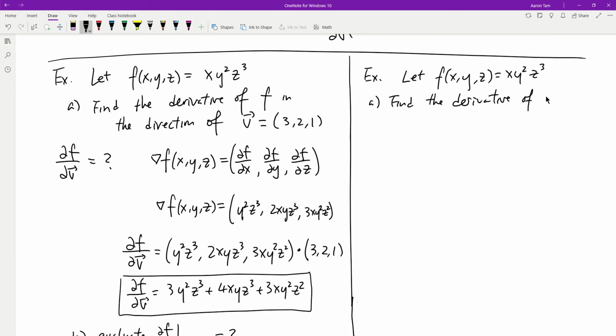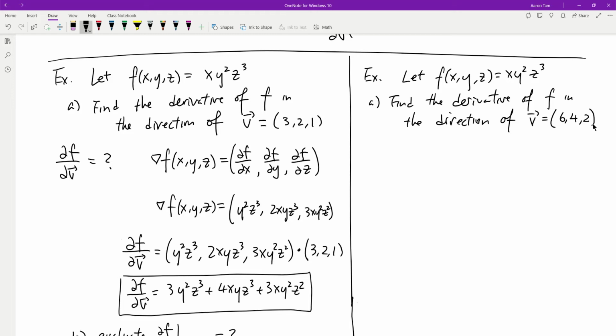I'm going to ask you to find the derivative of f in the direction of vector v, but this time I'm going to give you v to be this. Now, the interesting thing here is that 6, 4, 2, technically speaking, is in the same direction as 3, 2, 1. I simply doubled 3, 2, 1 to get 6, 4, 2. Therefore, I'm finding the derivative in the same exact direction.